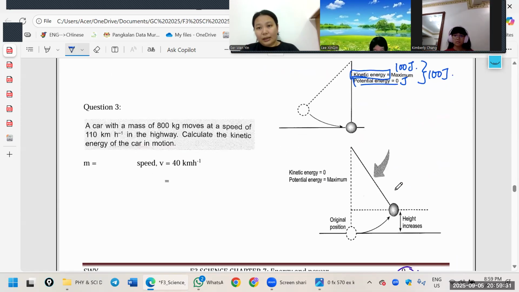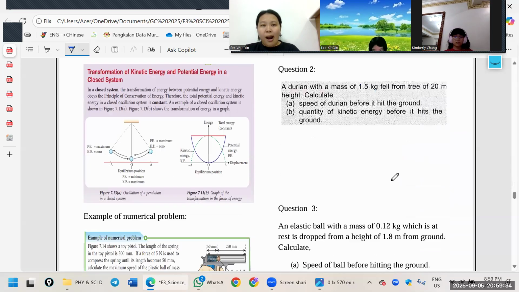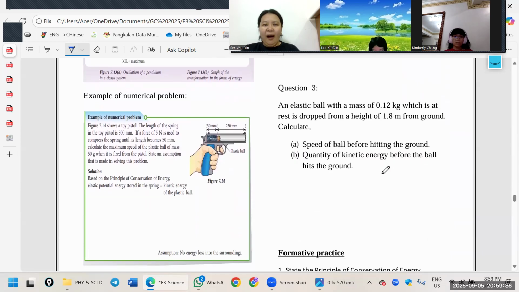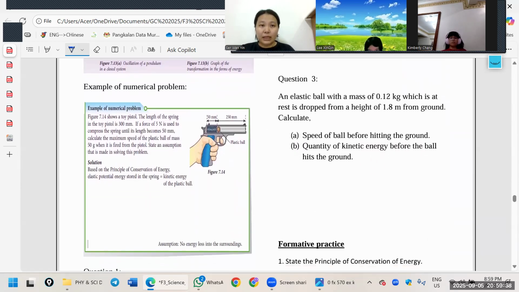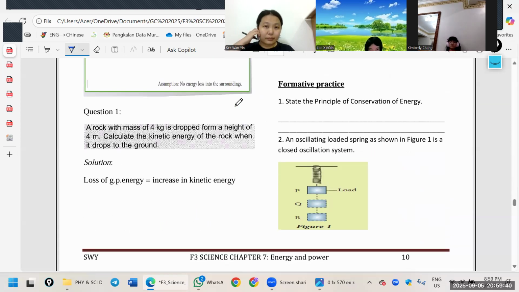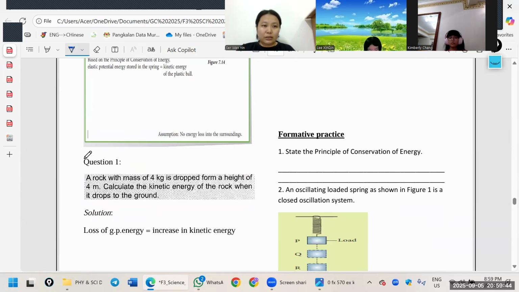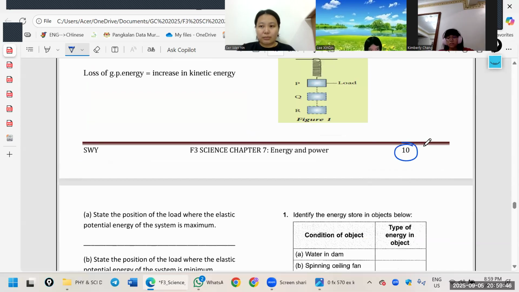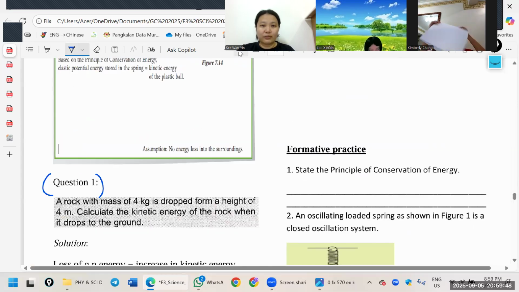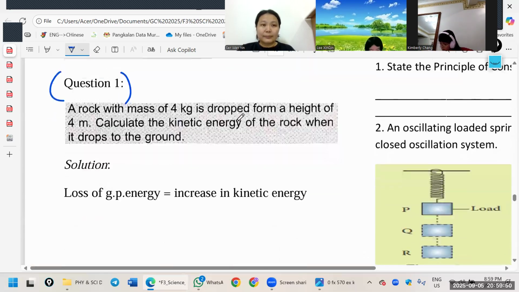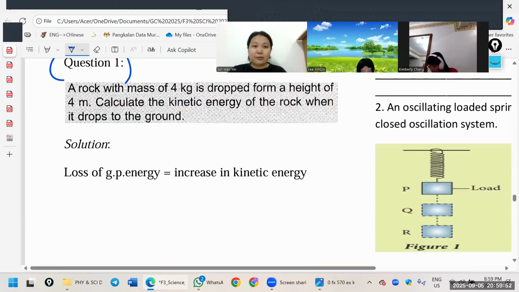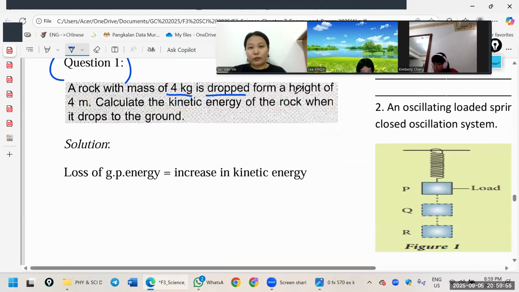Okay, then same thing. Let's look at this question first. Question page 10, question 1. A rock with mass 4 kg is dropped from a height of 4 meters.